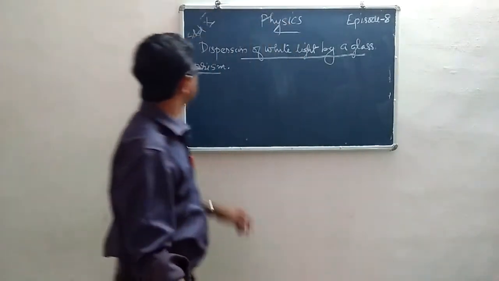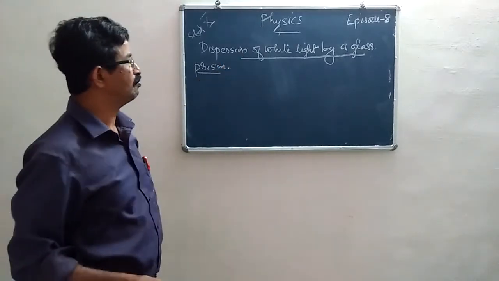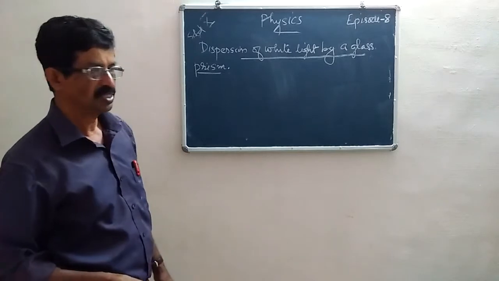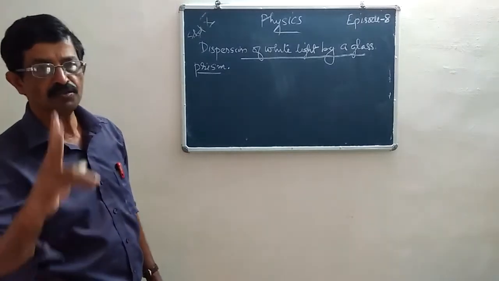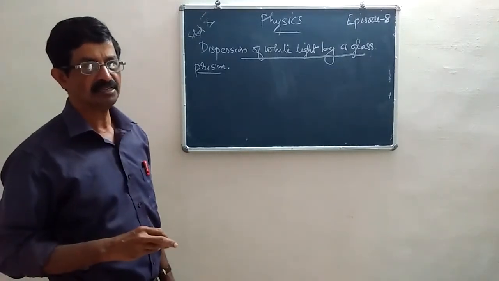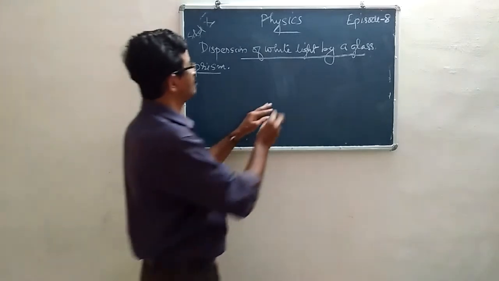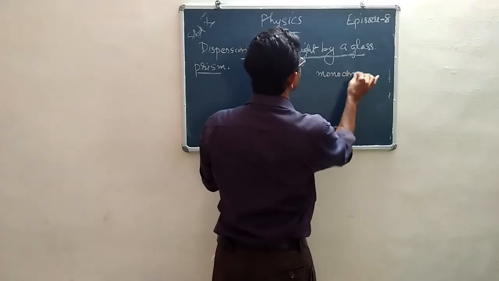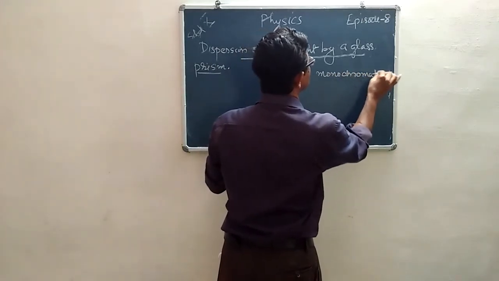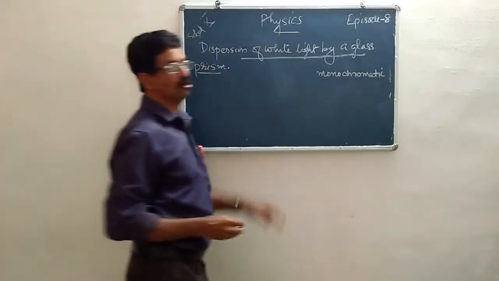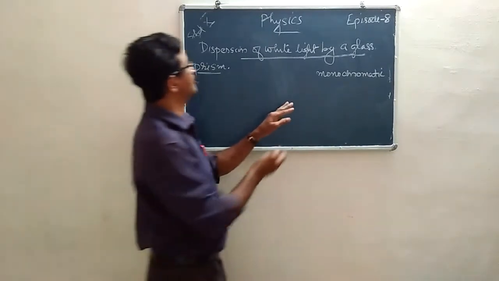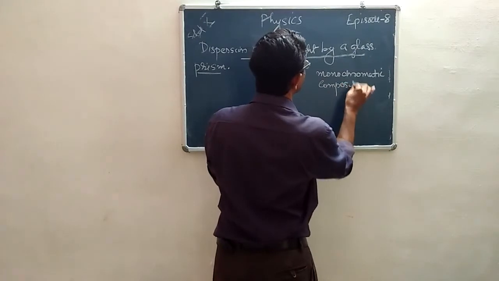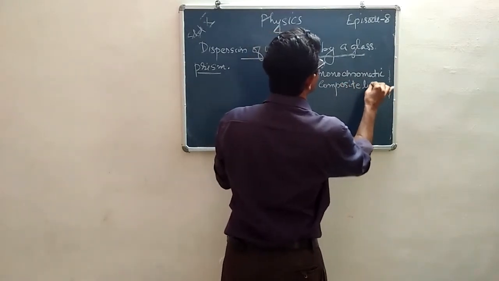Now, dispersion of white light by a glass prism. We know there are two different types of light. One is monochromatic light. Second one is composite light.